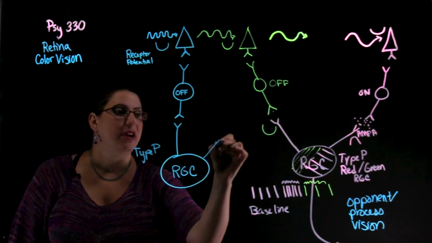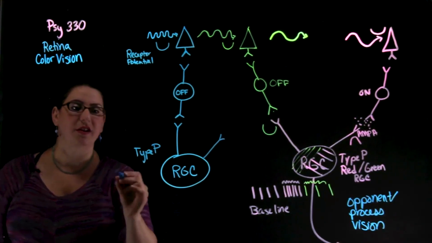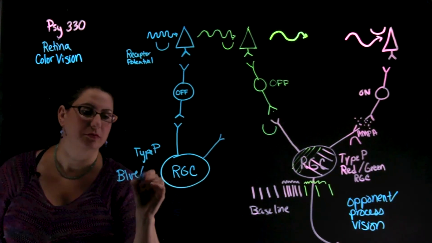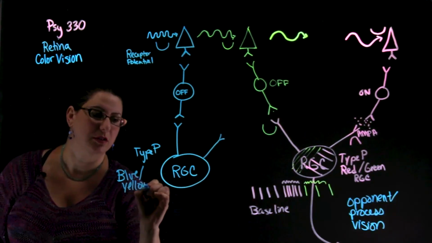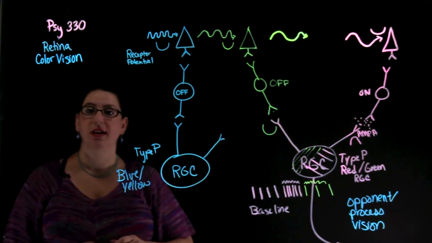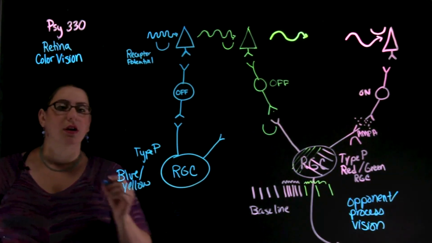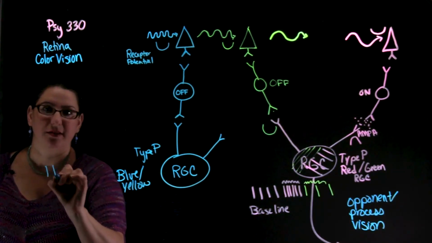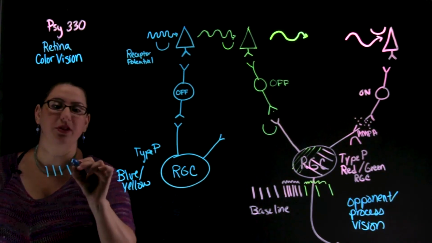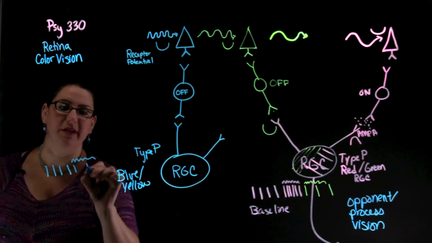And this retinal ganglion cell is called the blue-yellow retinal ganglion cell because it responds to blue and yellow light. It has a baseline firing rate, and when blue light is present, its firing rate decreases.